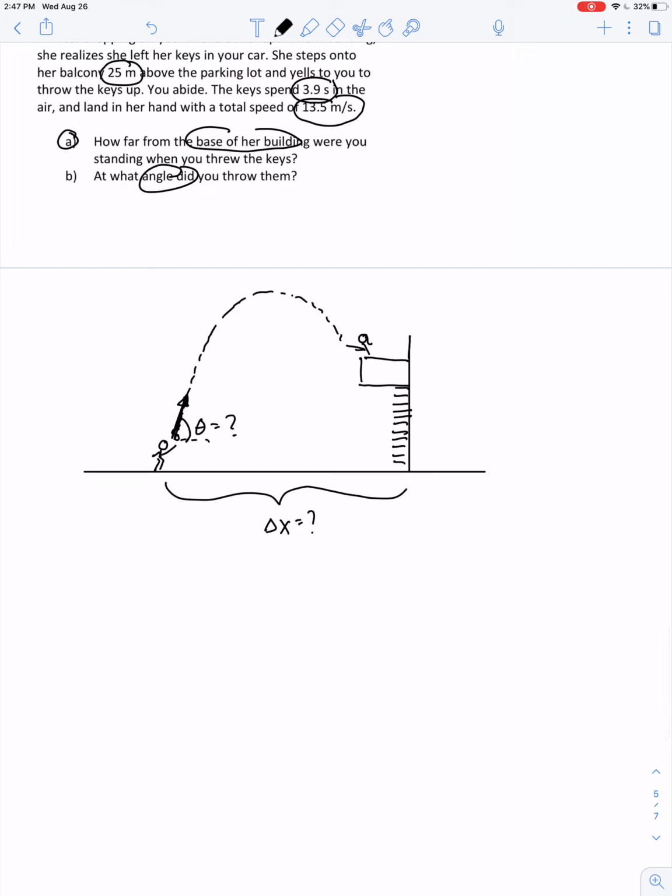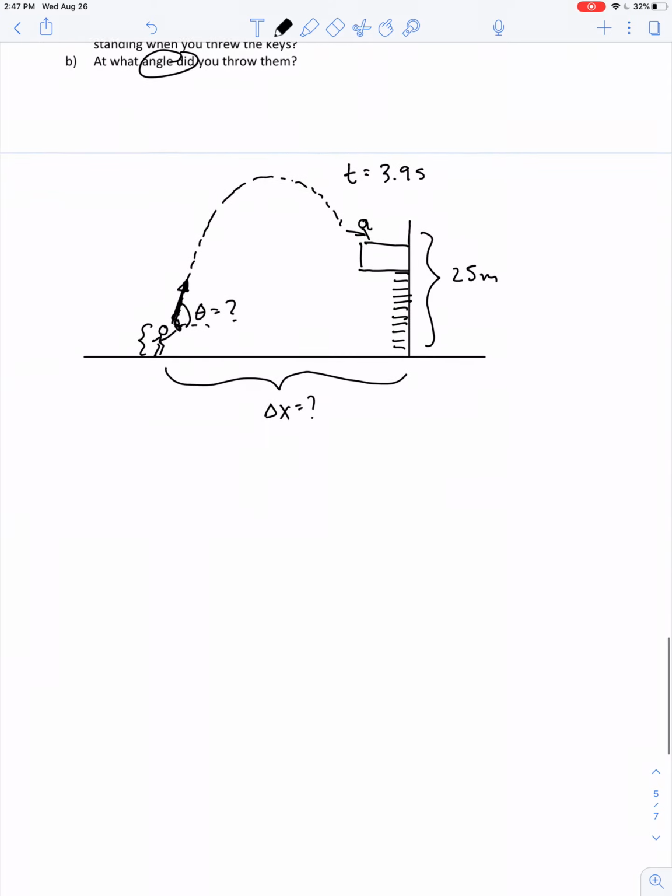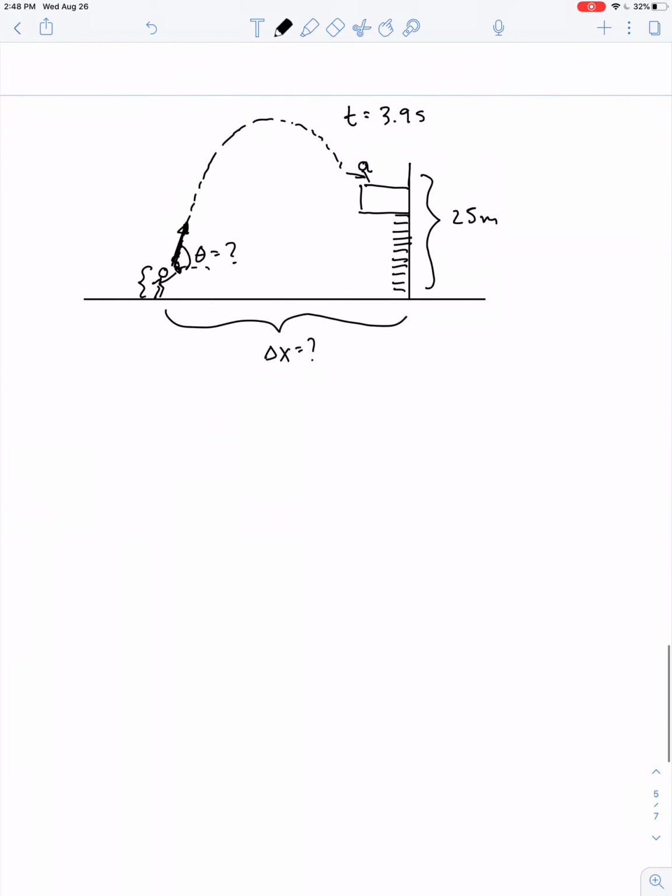Well, we know the total time of flight is 3.9 seconds, and we know that the vertical displacement was 25 meters. We're going to ignore the height of the body. What we really imply by this 25 meters is how high above the release point from your hand the keys were caught. Don't want to make it more difficult than it needs to be.